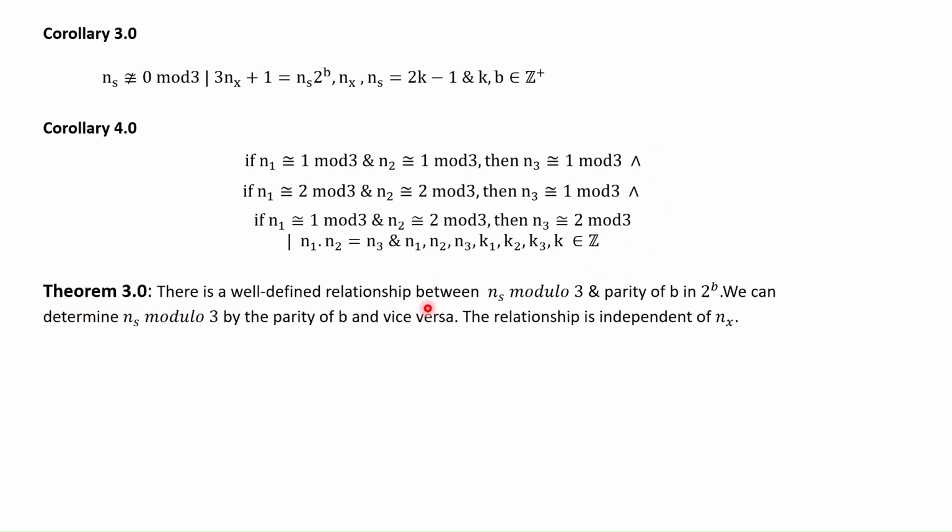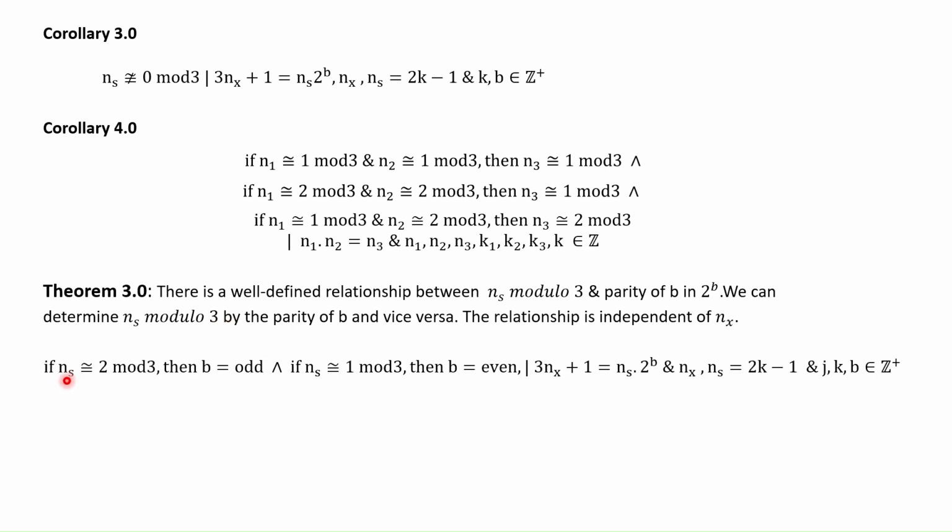There is a well-defined relationship between ns modulo 3 and parity of b. Now parity of b is essential because rules change. We can determine ns modulo 3 by the parity of b and vice versa. What the theorem basically states is, if the value you get after transformation is 2 mod 3, then b for that transformation has to be odd.